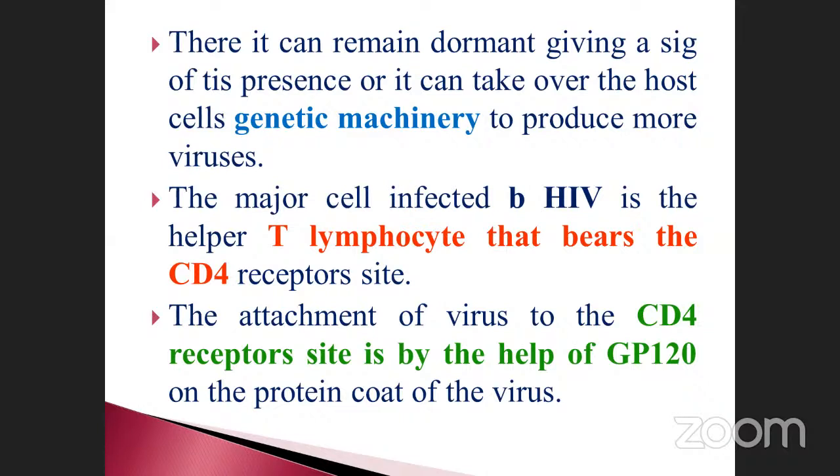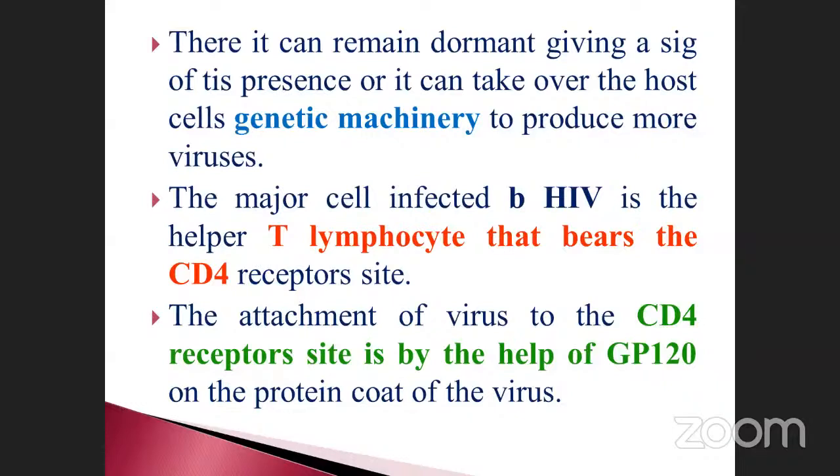The major cells infected by HIV are the helper T lymphocytes that bear the CD4 receptor. T lymphocytes are very important for fighting many diseases, and they hold the most important part of immunity power. HIV binds with T lymphocytes that bear the CD4 receptor. Without the receptor, it cannot bind with the HIV molecules, meaning the antigens produced by the HIV viruses.